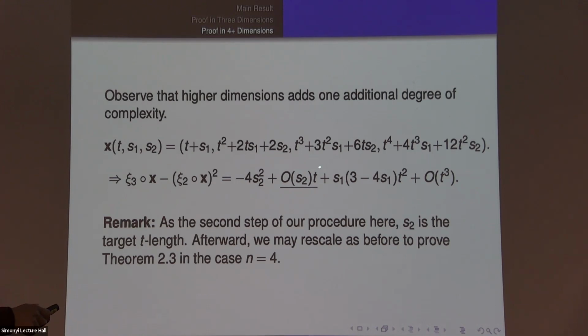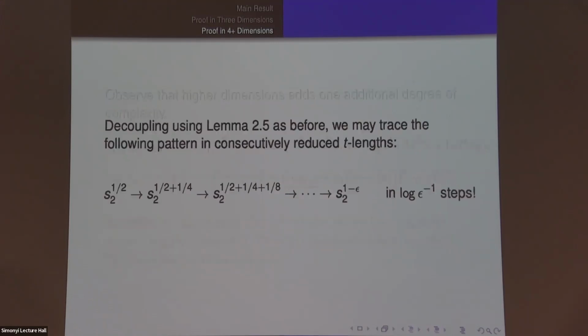It is nice, even though this T is something new that we have not considered before, in 3 dimensions and 4, at least the coefficient here is exactly what we want to get to. This is good because you can treat the upper bound here as being S2. And then applying the parabolic cylindrical decoupling lemma, the caps given from that lemma will be S2 to 1/2. With S2 fixed, a fixed dyadic power.